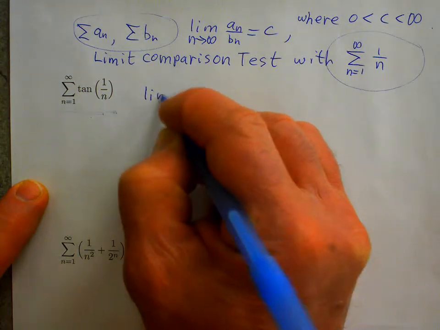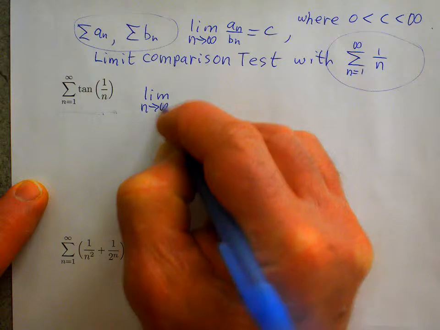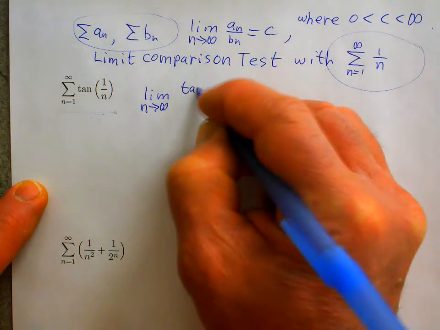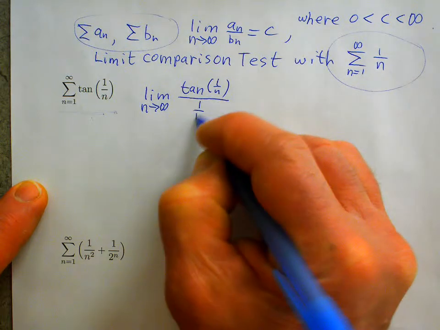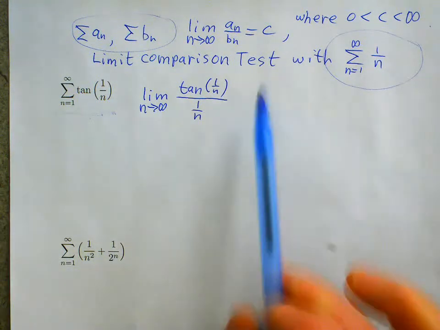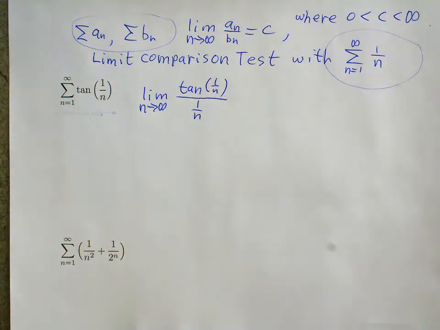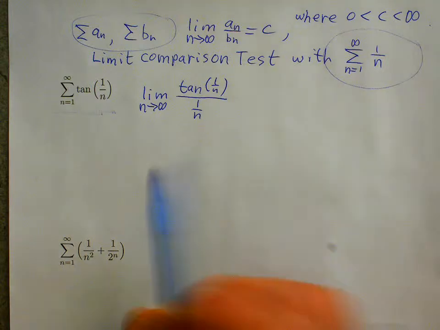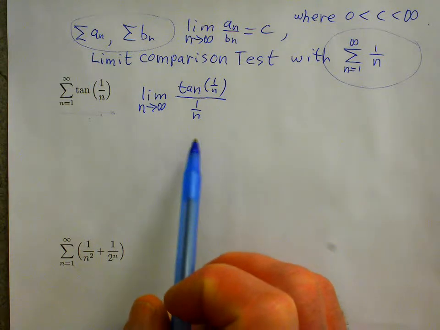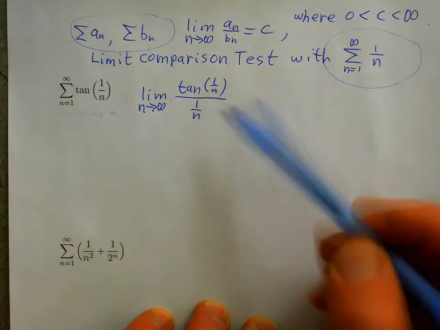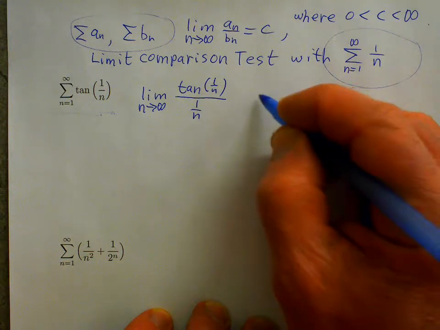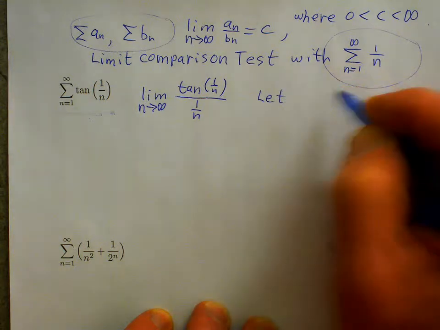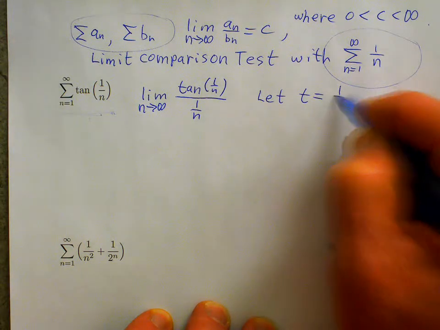Okay, so let's try that. The limit as n approaches infinity of tangent of 1 over n divided by 1 over n. This is our a sub n divided by b sub n. We could proceed using 1 over n, but it's a little bit awkward to always think of the input value as 1 over n. So just for convenience, let's assign t to be 1 over n.